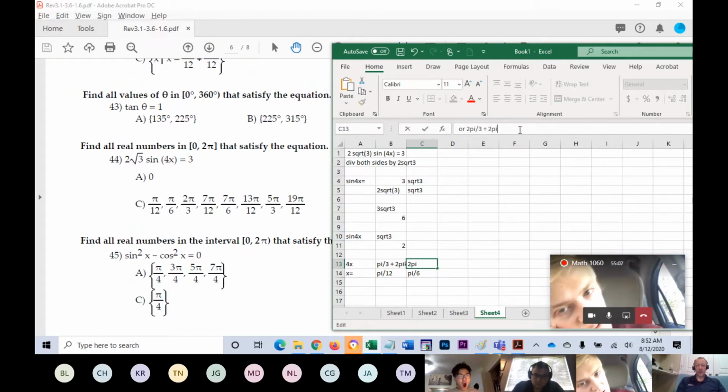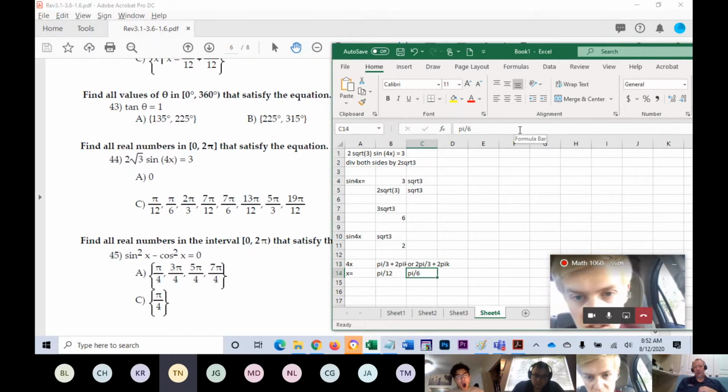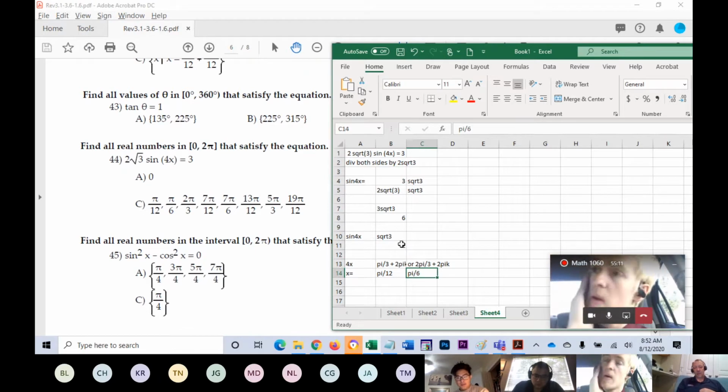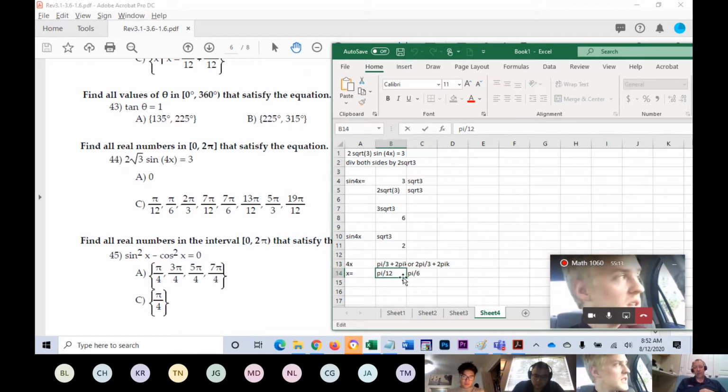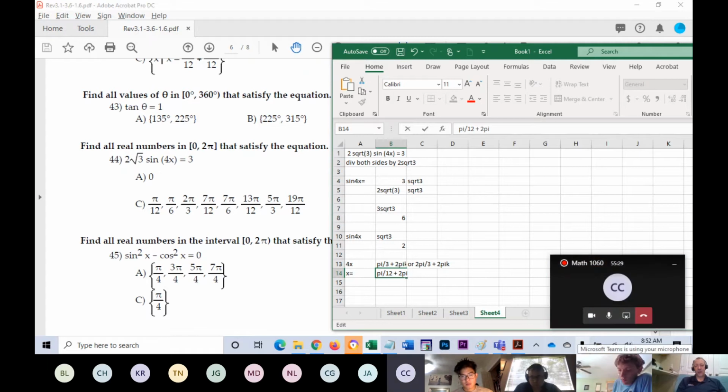Okay, so if k is 1, plus 2 pi, divided by 4, so that's plus pi halves.